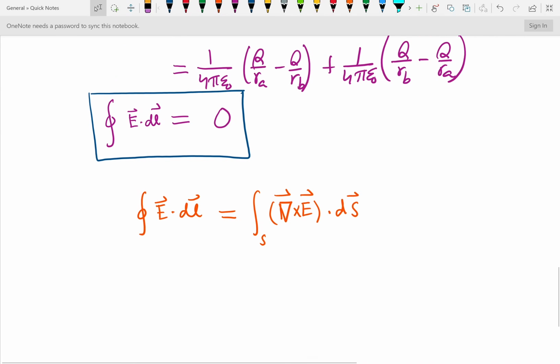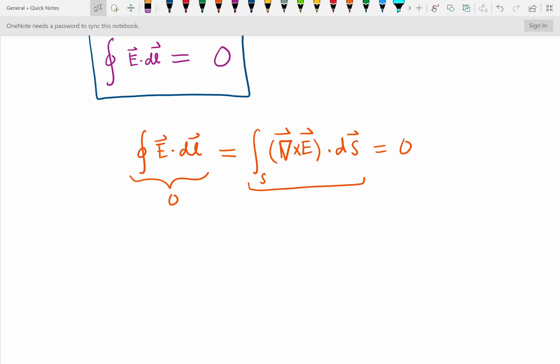And since the left hand side is equal to 0 as shown above, the right hand side will also be equal to 0 for any open surface S bounded by any closed path. And for the surface integral to be equal to 0 for any open surface S, it is necessary for the curl of the electric field to be equal to 0.